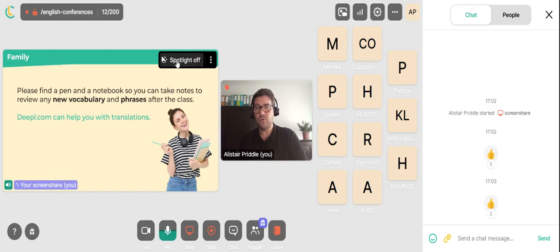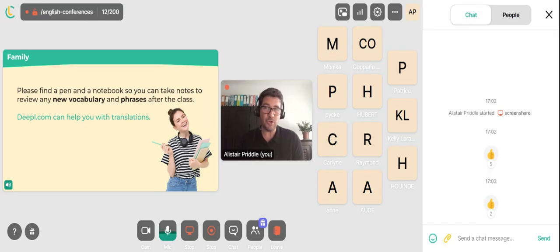Okay, so please find a pen and a notebook so you can take notes to review any new vocabulary and phrases after the class. Deeple.com can help you with translations. Now, if you don't have a pen and paper, you can also take screenshots, but it's nice to have notes of the vocabulary as we pass through the lesson as well. Okay, well, let's get started.